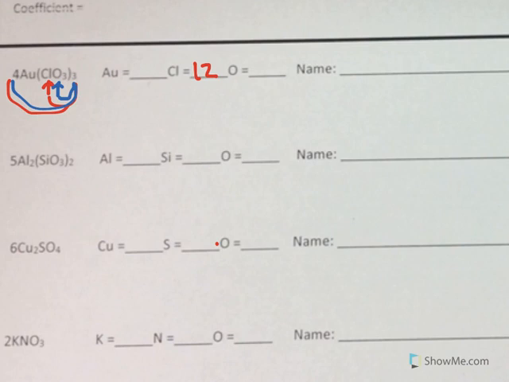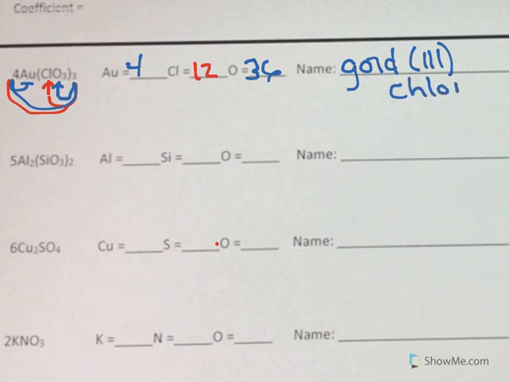Nope, 36. Just kidding. 36 oxygen. And then gold, we have just the 1 because it's outside the parentheses, so that 3 doesn't apply to it, times the 4. That gives us 4 gold. So now this would be gold chlorate.